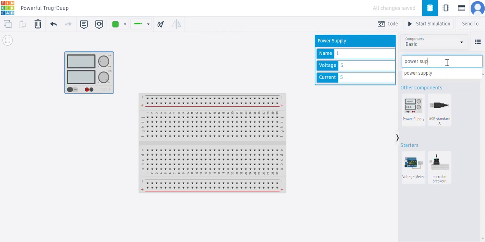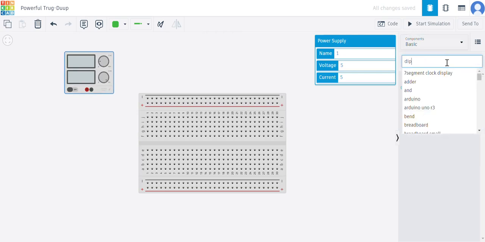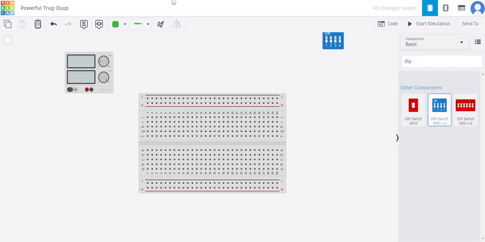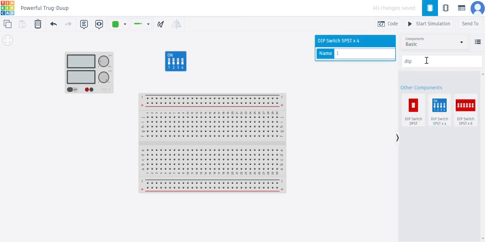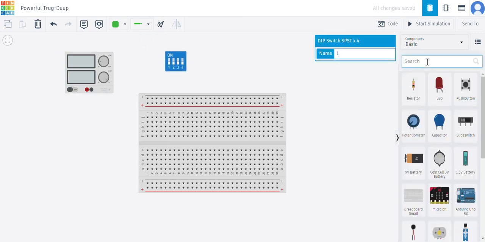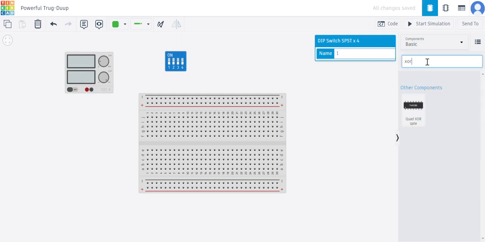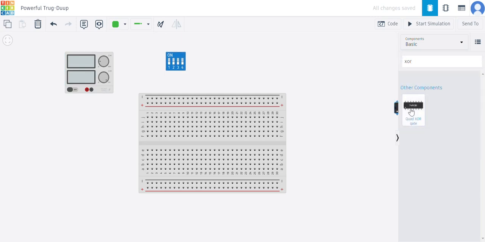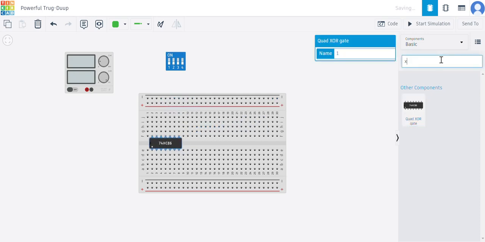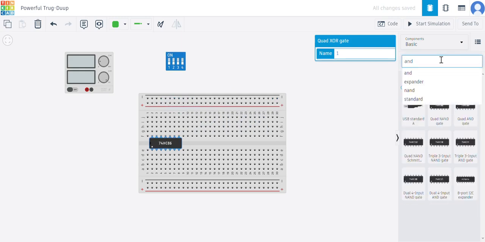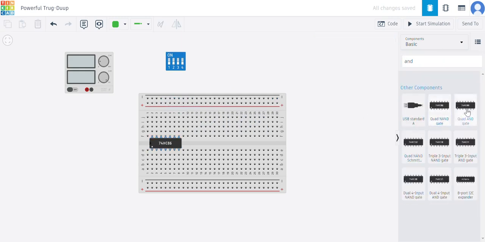Then we need a switch to give different inputs. Then we require one XOR gate. So here is our XOR gate, we place it here. Then we need one AND gate, so we type here AND and we take the quad AND gate, we place it here.